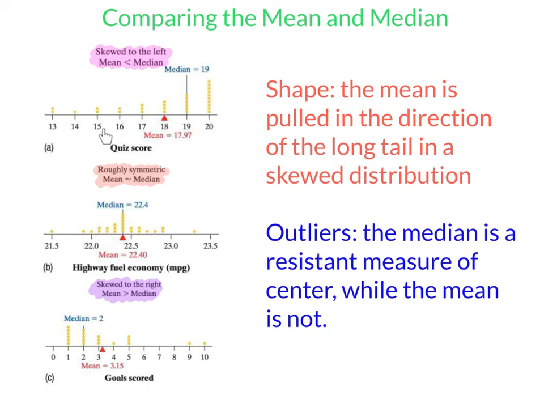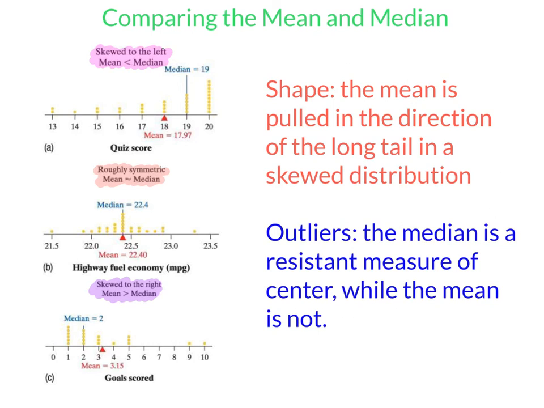When it's skewed to the left, our mean is less than our median. Our median tends to be higher, and the mean is a little bit lower down here because it is skewed to the left, where our higher values are on the right-hand side. And then the opposite is true when we have skewed to the right. That's when our biggest group of data is going to be on the left-hand side because the tail's to the right. So our mean is higher than our median.